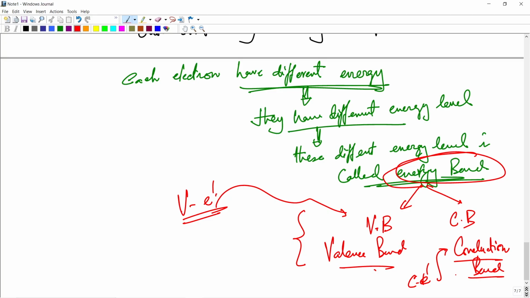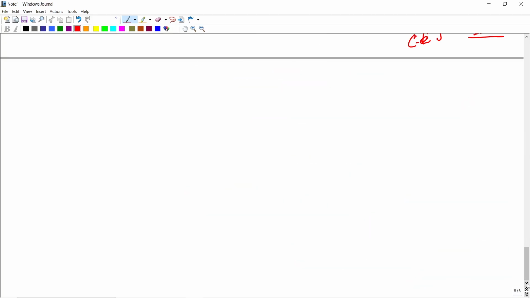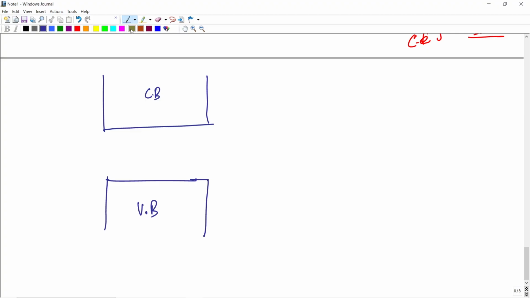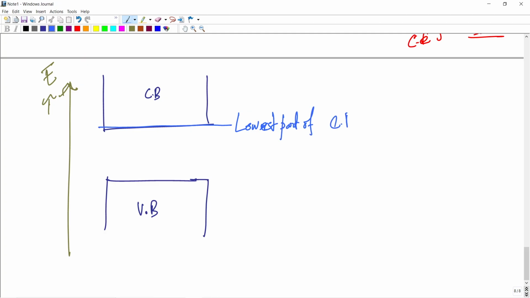Let's draw a diagram of the bands. Suppose this is the conduction band and this is the valence band, and this direction is the energy E. This is the lowest part of the conduction band, CB, and that is the highest part of the valence band, VB.